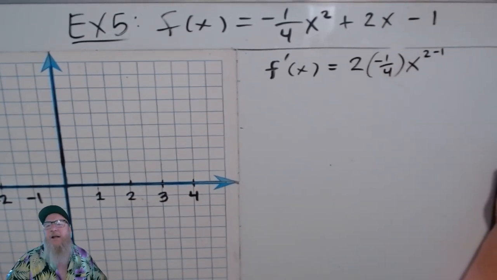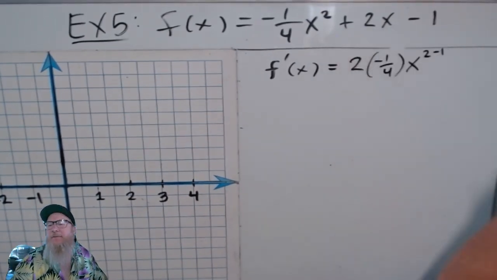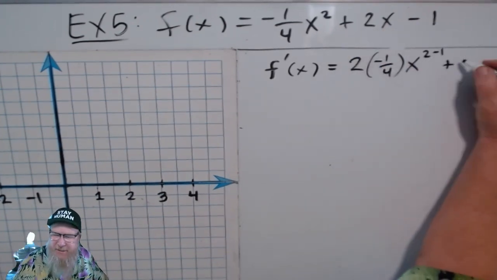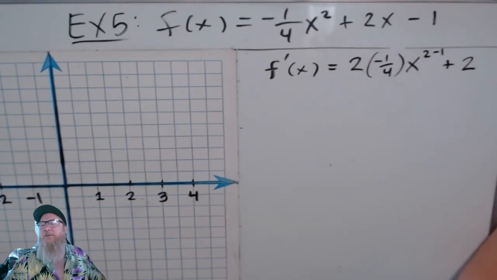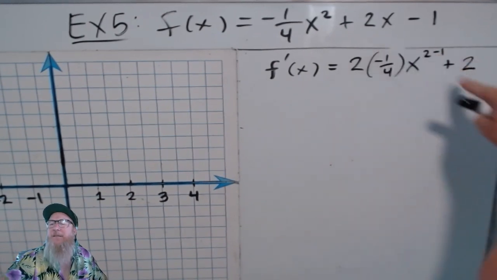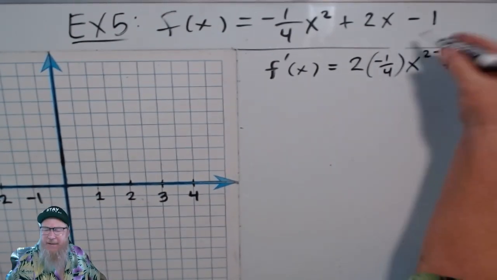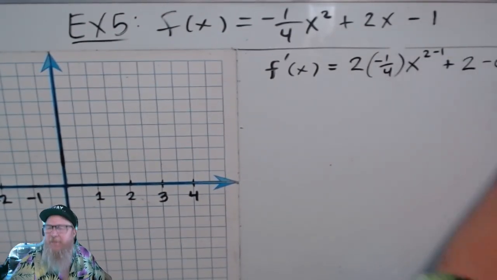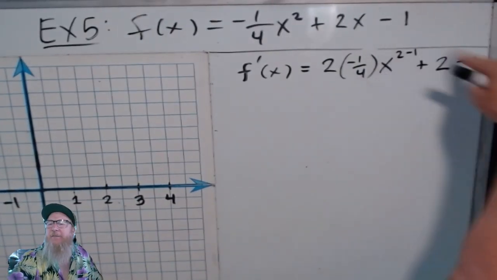I know I'll never do this again, but I'm just getting started. Plus 2. The derivative of 2x is just 2. And then technically minus 0. The derivative of negative 1 is 0.